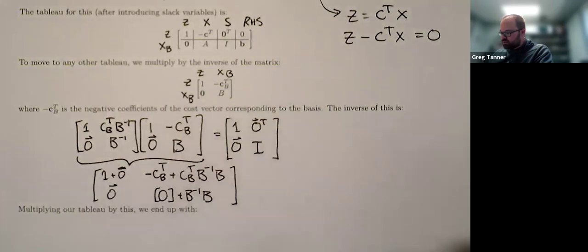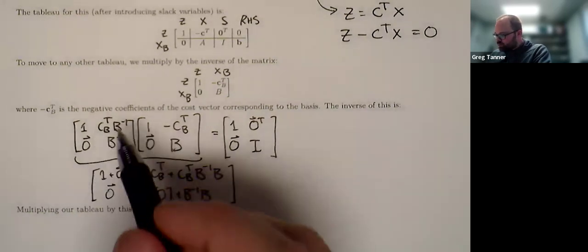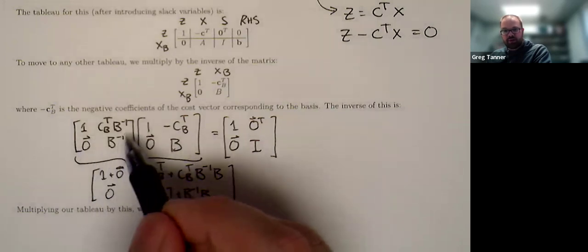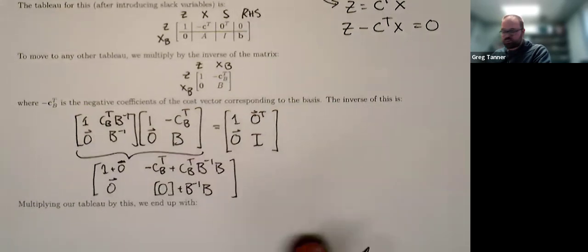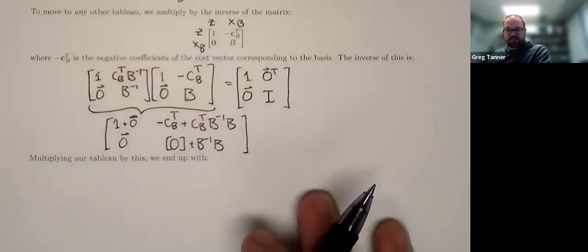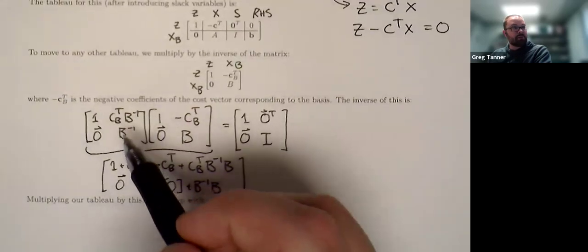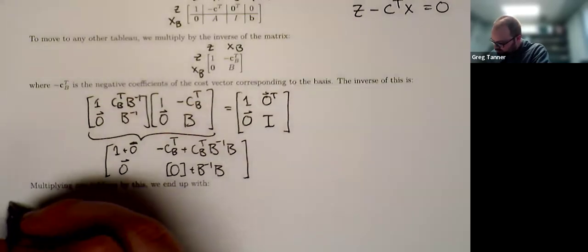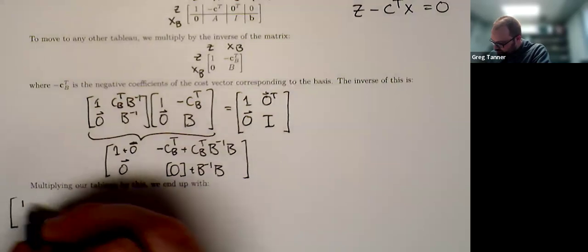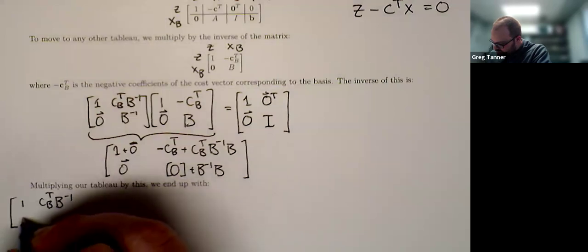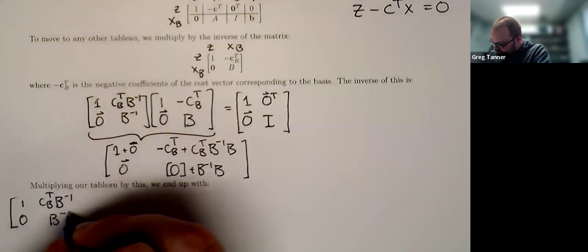Okay. So now what we want to do is our row operations are equivalent to multiplying on the left by this matrix. So let's go ahead and do that. And let's take our initial tableau and multiply on the left by this matrix. So we'll have the matrix 1, CB transpose B inverse, and 0 and B inverse.